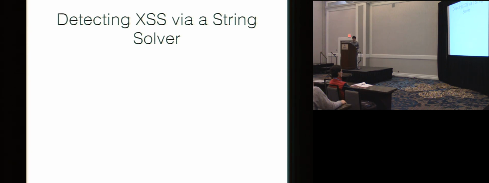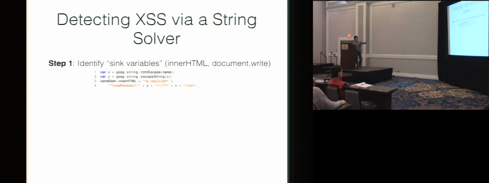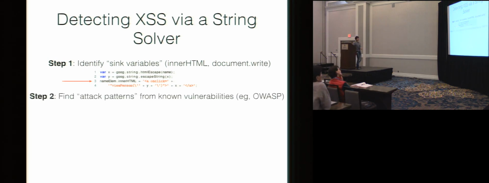All right. So if you want to detect XSS via a string solver, I'm going to show you several steps that people usually follow. In the first step, you identify the sink variables. Basically, if you see inner HTML or document write, you identify that as a sink point. The next thing is you find attack patterns from known vulnerabilities.